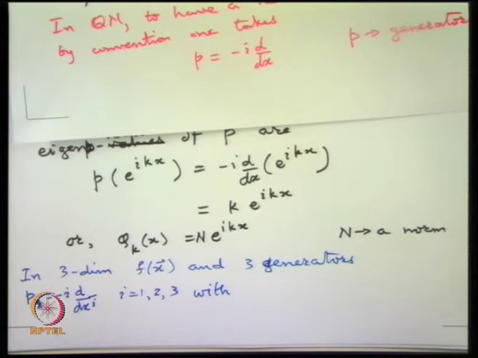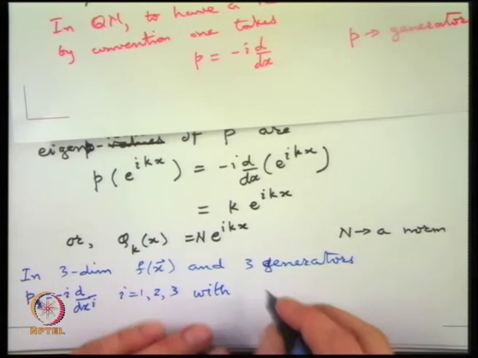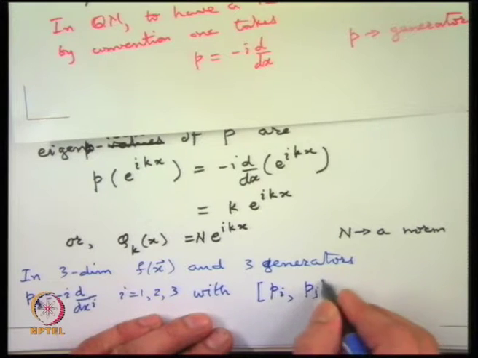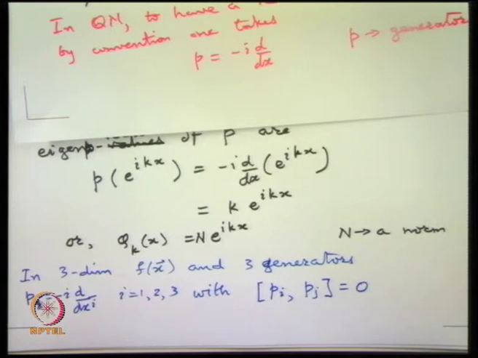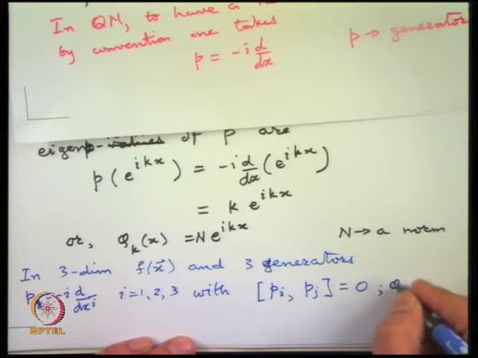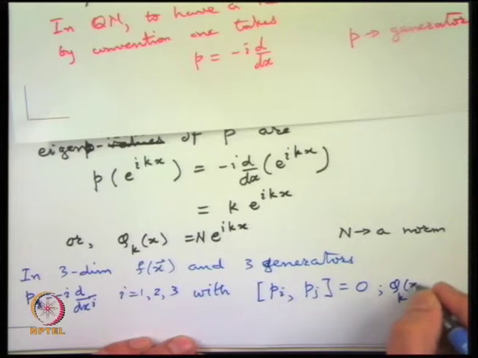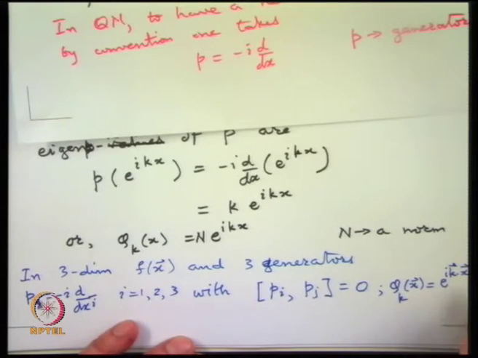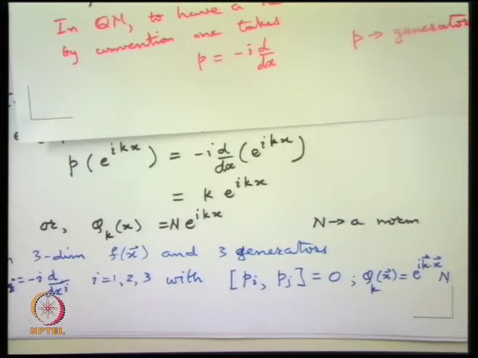The translations in independent directions all commute. And everything else remains the same. There is a square root 2 pi, so some n times e to the i k dot x, and nothing else much changes.